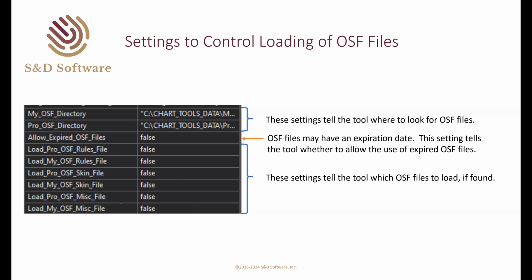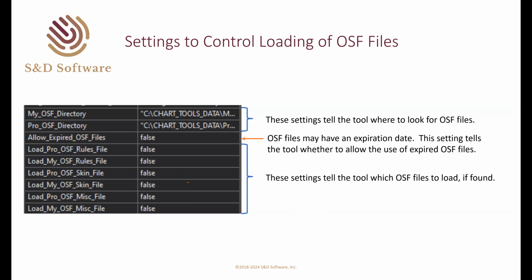Now, the next group of settings just tell the tool what kind of OSF files you're interested in, which ones it should load. And you have a separate setting for your project OSF files as well as for your personal OSF files, so you can distinguish between them. These are broken up by the different settings groups.